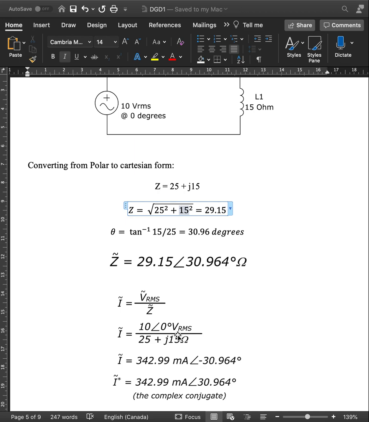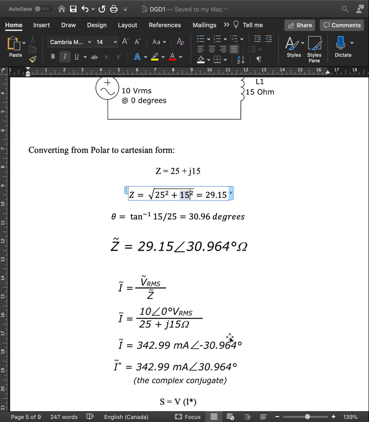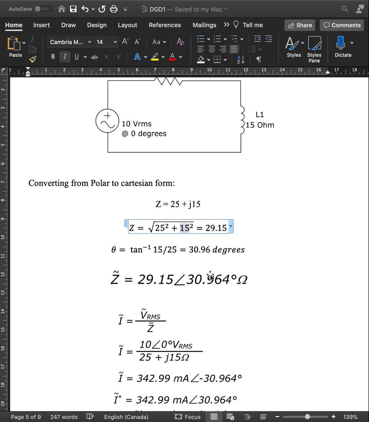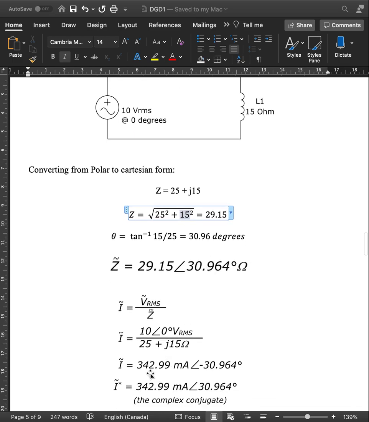Let me know if you guys want to see the detailed steps for this. I can put another document showing how it's done, or we can just do a Zoom call on how to reach this point. Okay, and then we find the current to be 342.99, approximately 343, with an angle of minus 30.964.